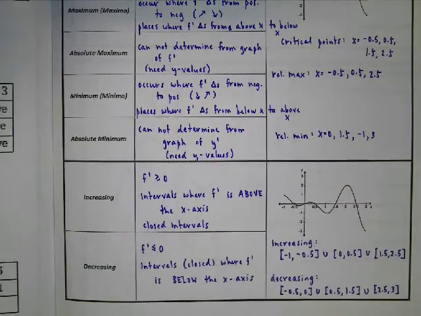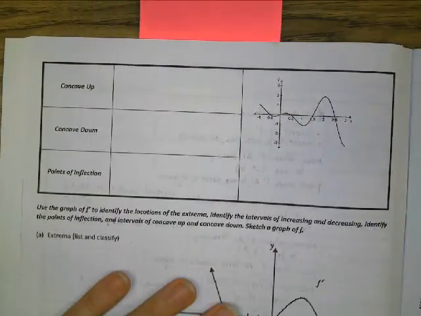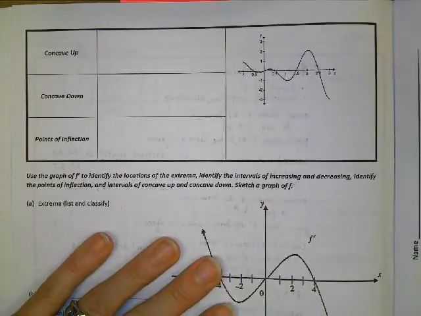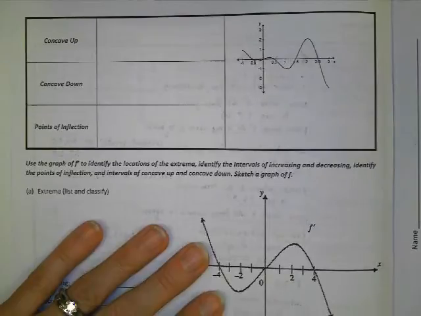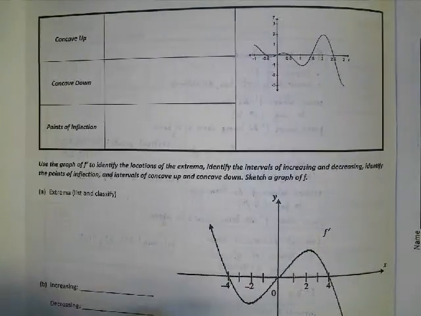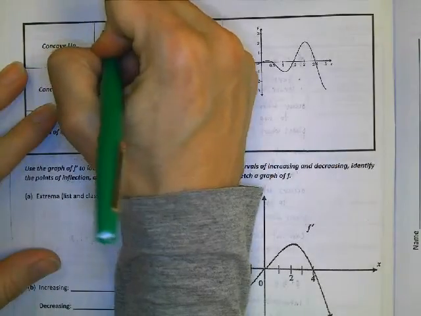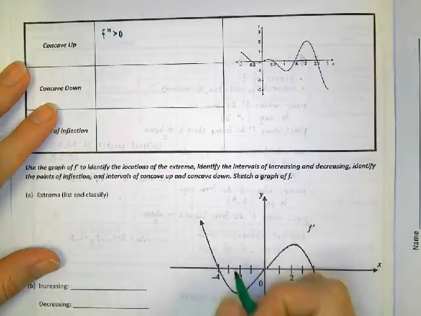So just like before, the last piece we have here is our concavity. So I'm going to turn the page. And we're going to talk about where we're concave up and concave down. Again, concave up now is where my second derivative is greater than 0.